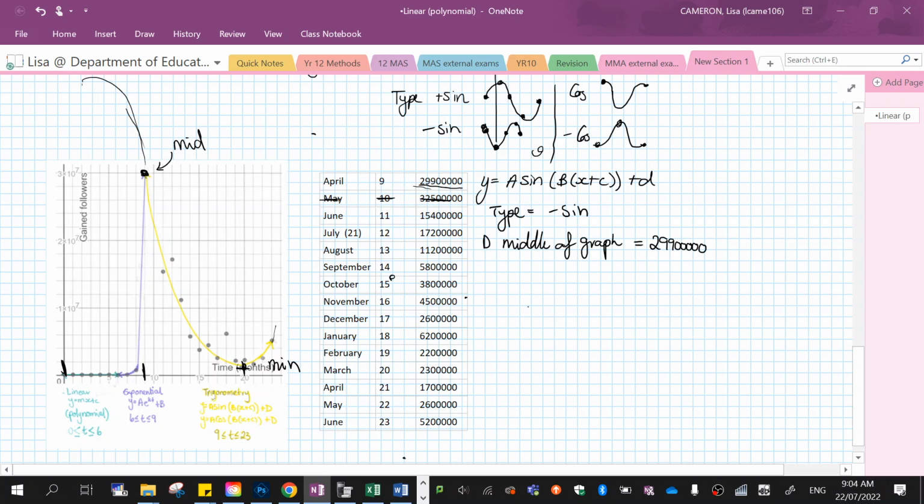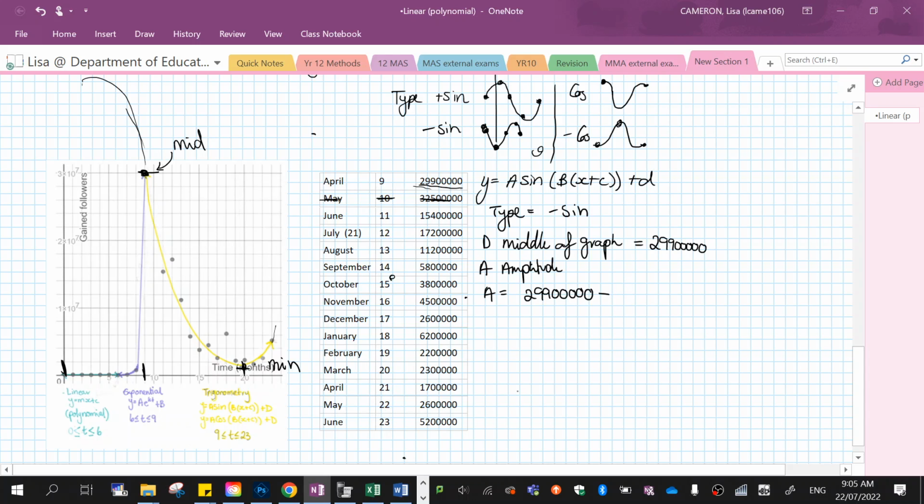Okay, next thing I'm going to do is work out the amplitude. Now, the amplitude is the distance that it takes to get from the middle all the way down to the minimum of the graph. So I can see here that the amplitude equals the middle of that graph, 2.9912345, minus the minimum of the graph.